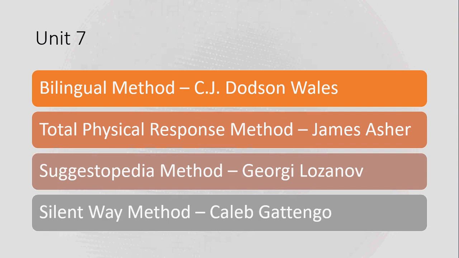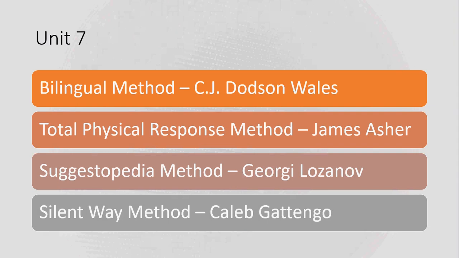Under the total physical response method, as propounded by James Asher, I have put down the names against the methods because sometimes in objective type questions, you may be given the names and asked to write what method, or the method may be given and you may be asked to identify the theorist. All the names are there in your SLM.